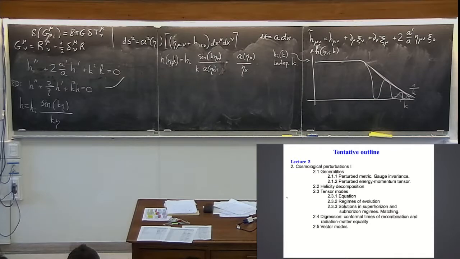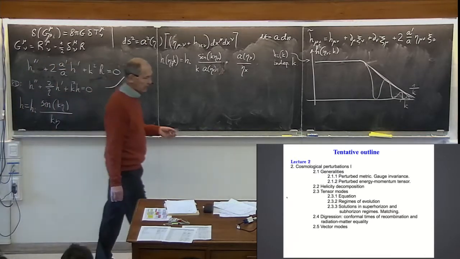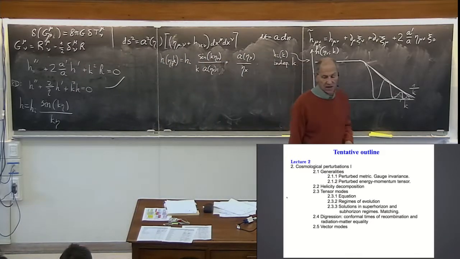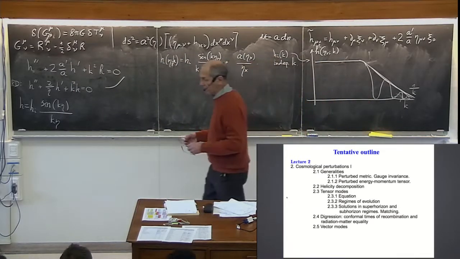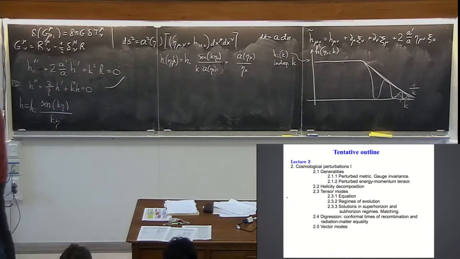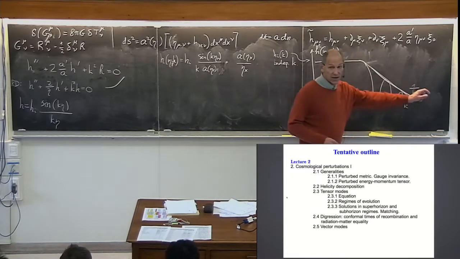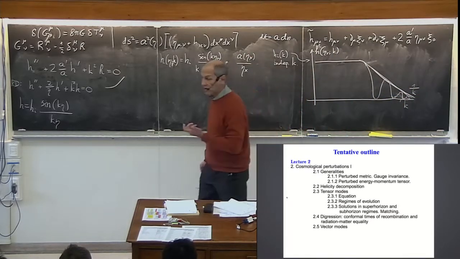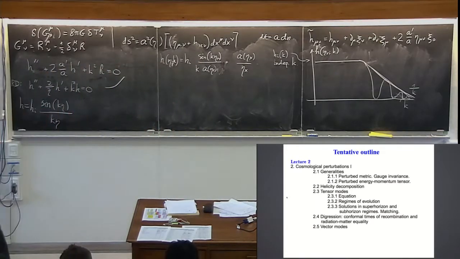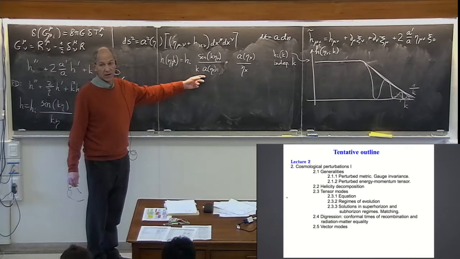For wavelengths of order of 1,000 kilometers, which is typical for LIGO, it's way out there. So the amplitudes are there, but they are very small. Therefore, LIGO is not sensitive to these relic gravitational waves, simply because they have died away. They decreased their amplitude very much.